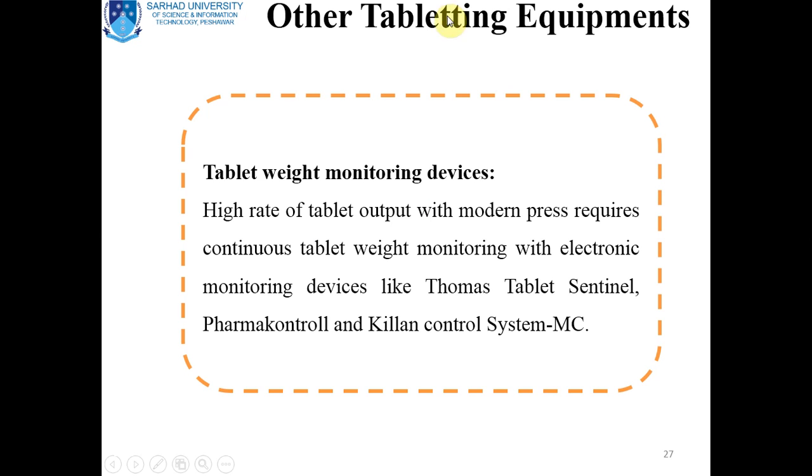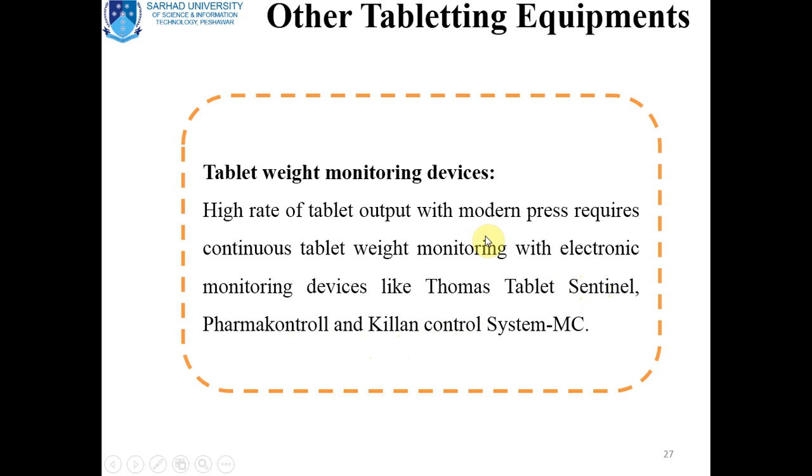Apart from compression machines, some other tableting equipment is used, like tablet weight monitoring devices. The high rate of tablet output with modern presses requires continuous tablet weight monitoring with electronic monitoring devices like Thomas Tablet Sentinel, Pharma Control and Kalen Control System.